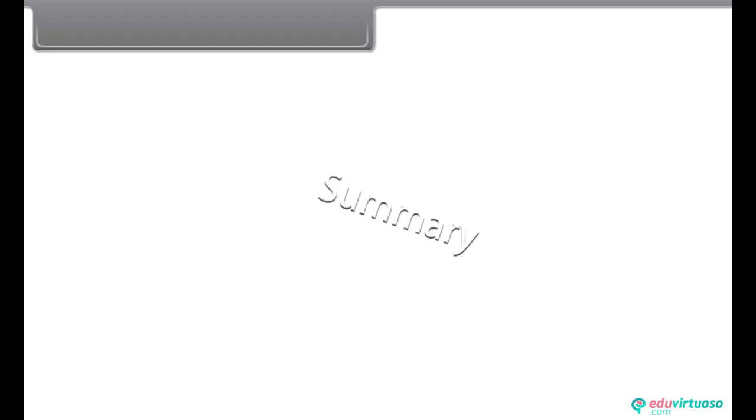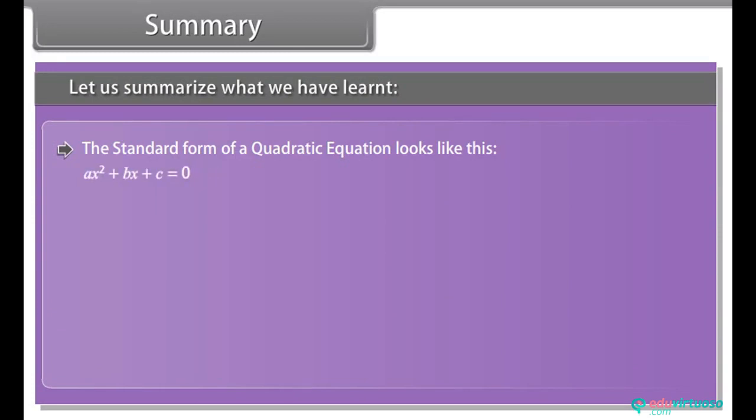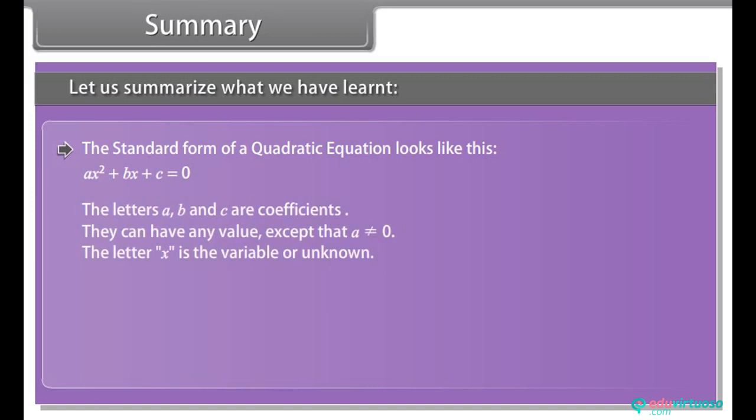Summary: let us summarize what we have learned. The standard form of a quadratic equation looks like this: ax² + bx + c = 0. The letters a, b and c are coefficients.